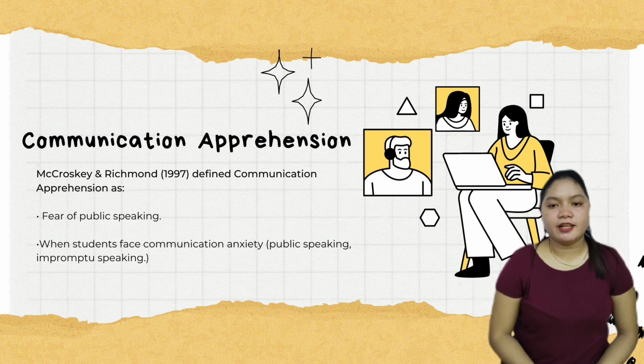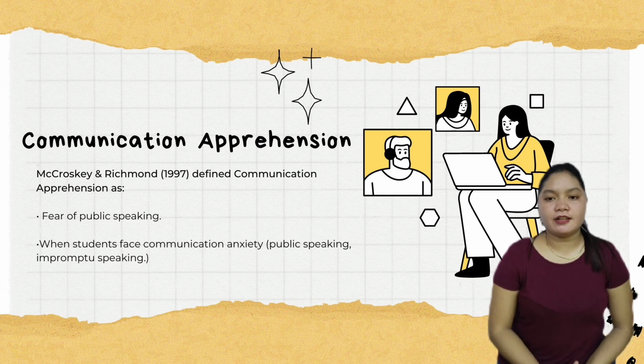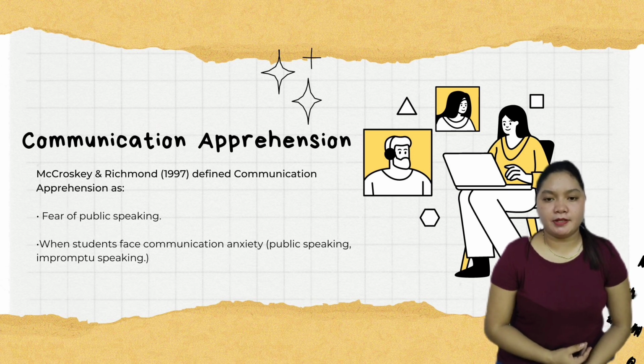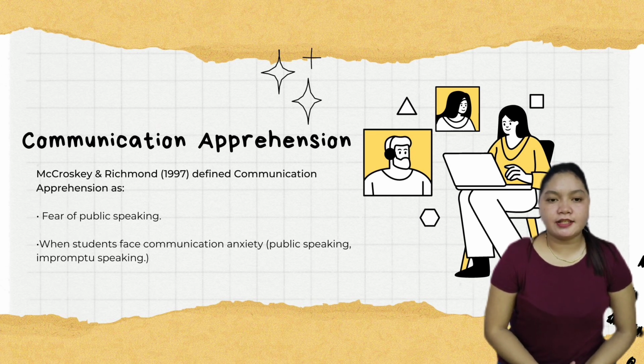Communication apprehension, in the words of McCroskey and Richmond in 1977, is the fear and anxiety that individuals experience when they speak publicly. The literature highlights the presence of these feelings. Horwitz in 1995 pointed out that these apprehensions are particularly prevalent when individuals use a foreign language.